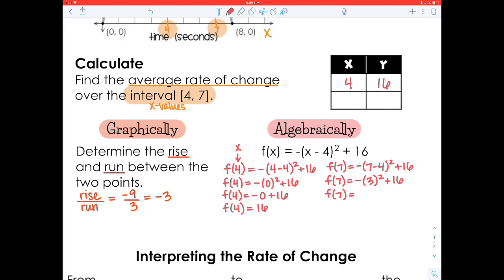So 3 squared is 9, but don't forget that that negative is in the front. That multiplication comes after you square, so you must keep that negative in the front first, because positive 3 squared is 9. Okay, plus 16.